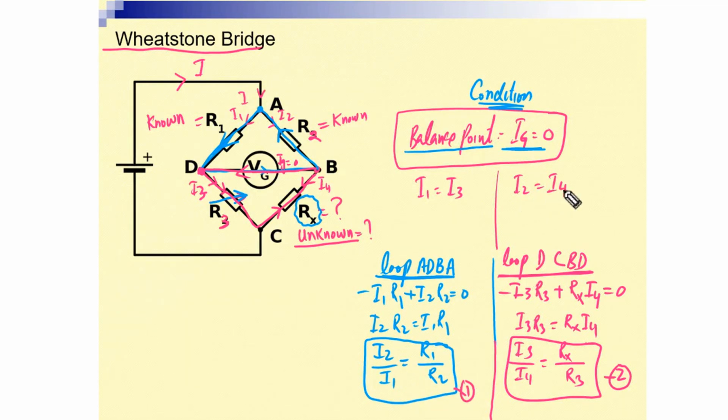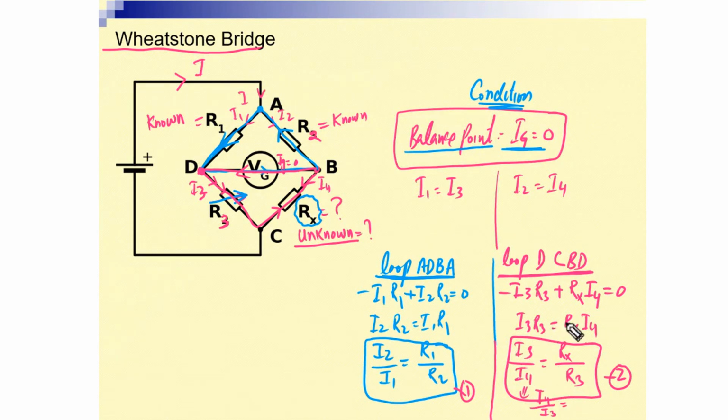I2 is equal to I4. So we can rearrange this one to see what's going on. We can also write it like this. So for I4, for example, we can rearrange. We can say this is I4 over I3. We can write it like this. Okay, I4.